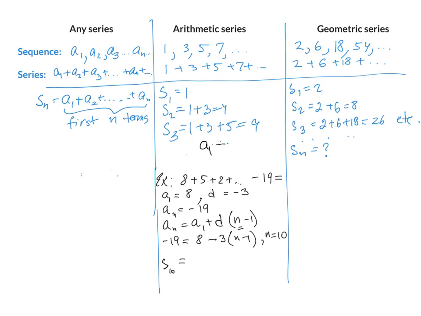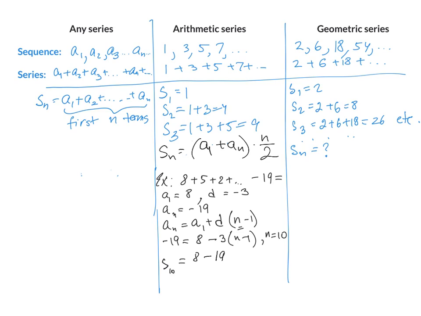And the last term. And this sum repeats every time for every pair. How many pairs do we have? Number of terms divided by 2. So it's really easy to restore this formula without really memorizing it. So now it's easy. You just do first term 8. Last, we know it's negative 19.